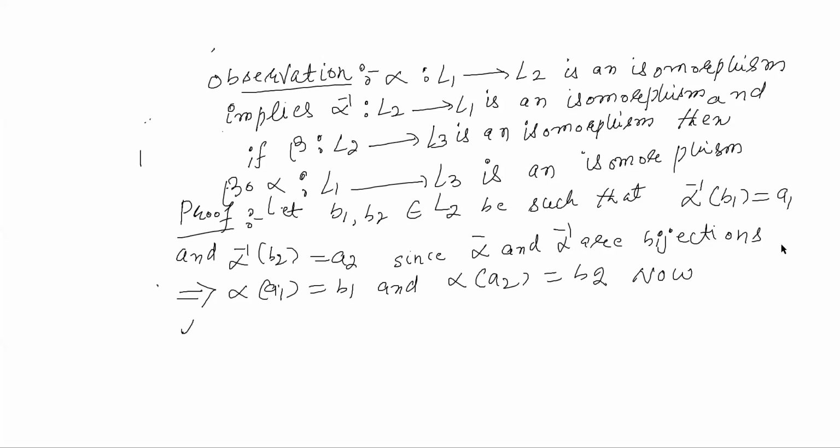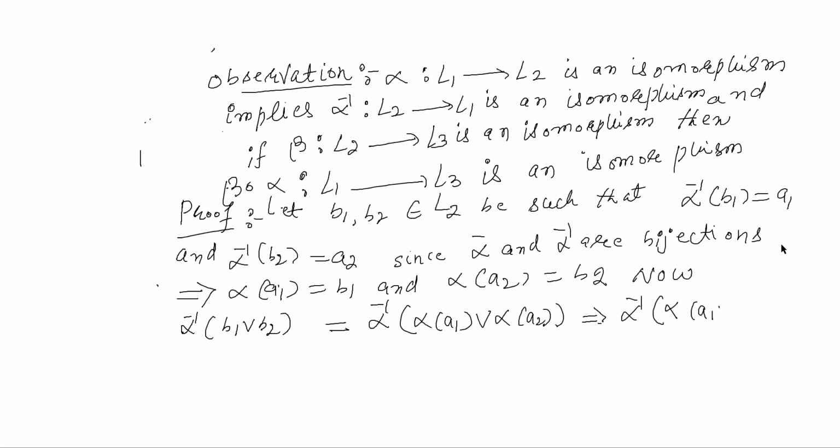Now if I take alpha inverse of B1 join B2, I can replace it by alpha inverse of alpha A1 join alpha A2. Since alpha is an isomorphism, it preserves the join, so it is alpha inverse of alpha of A1 join A2, which is equal to alpha inverse composition alpha of A1 join A2.